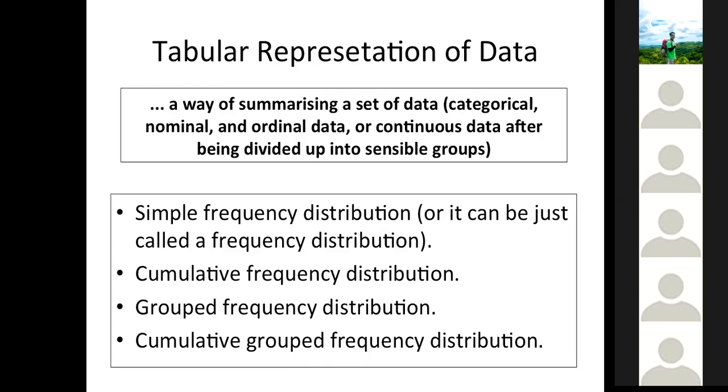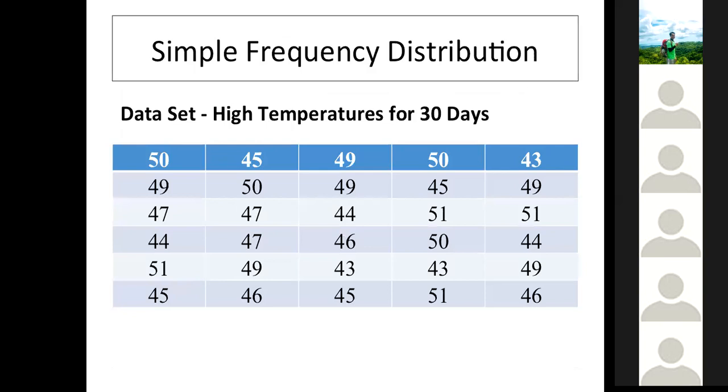Now we come to the simple frequency distribution. So this is an example. You have collected data and you have a set of temperatures in 30 days. So in 1 month, you try to record the high temperature every day.